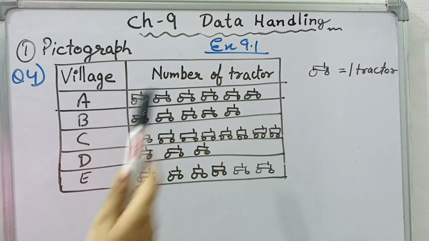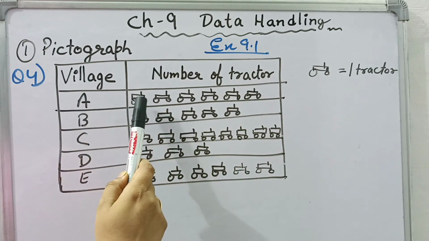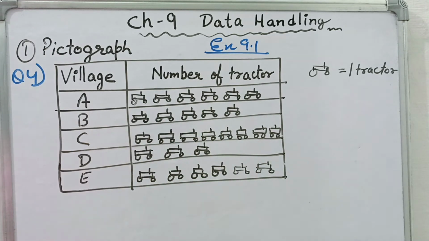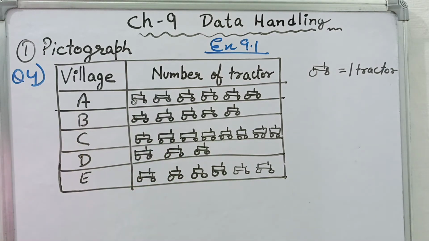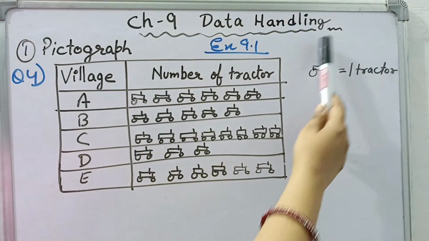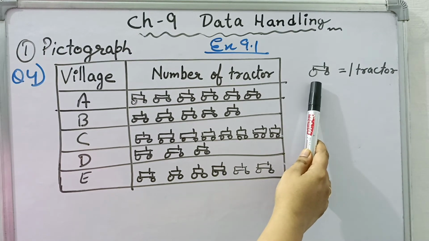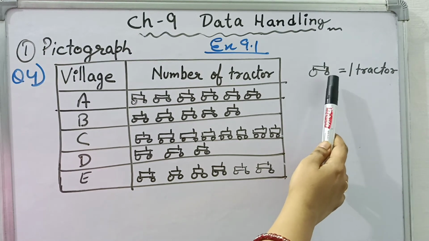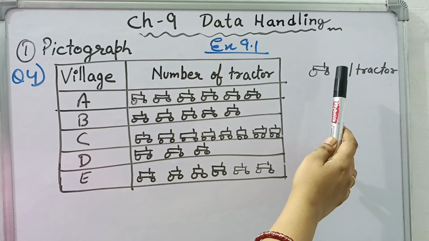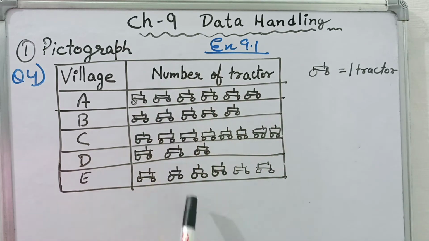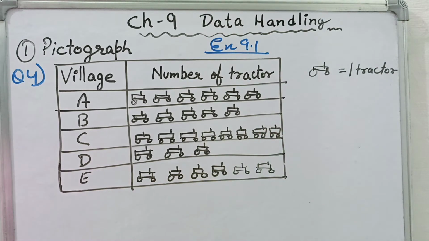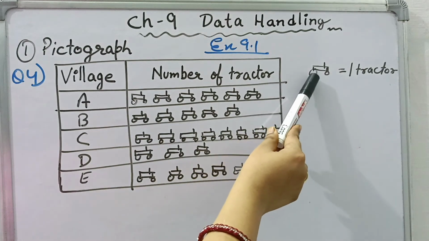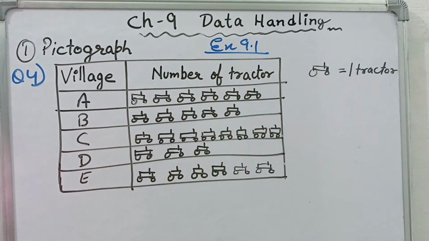This first row is saying that village A has this many tractors. Now let us find out the number of tractors for village A. Here we can see this is the scale for the formation of our pictograph. One picture means one tractor.